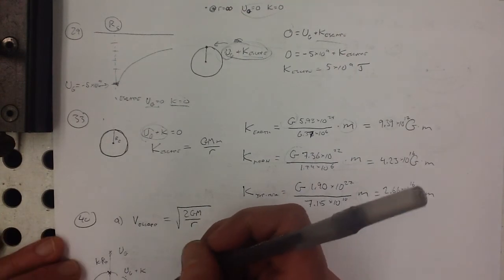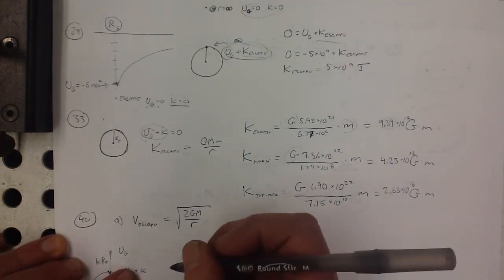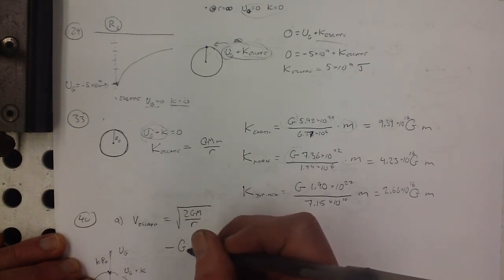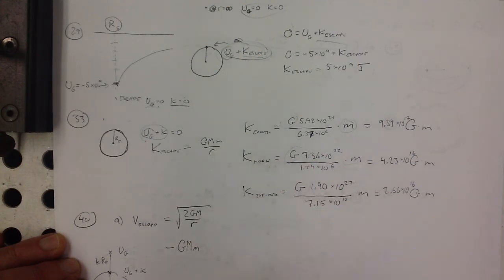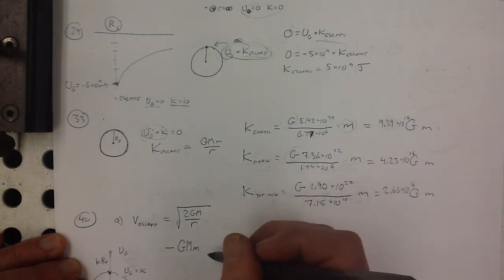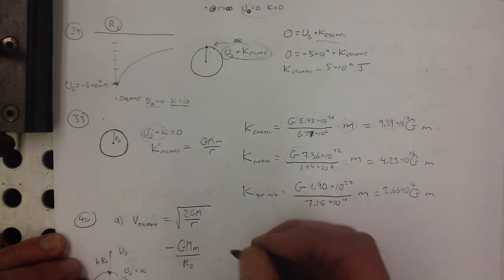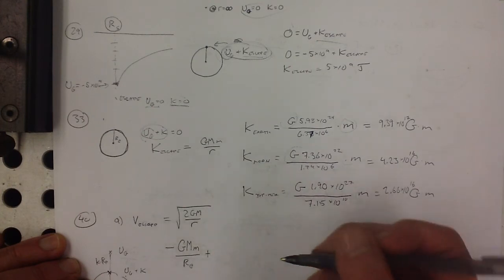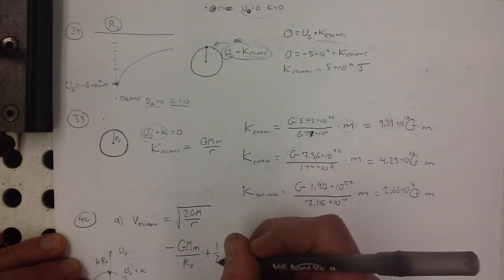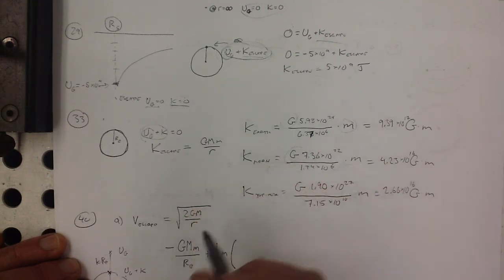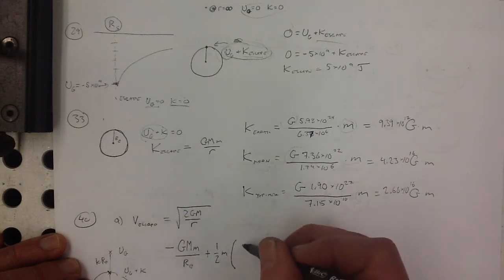All right, so at the beginning here, I have negative G mass of the Earth times mass of this thing divided by the radius of the Earth, plus 1/2 m v squared, and they said I have half the escape speed, so half of that would be this over 2.